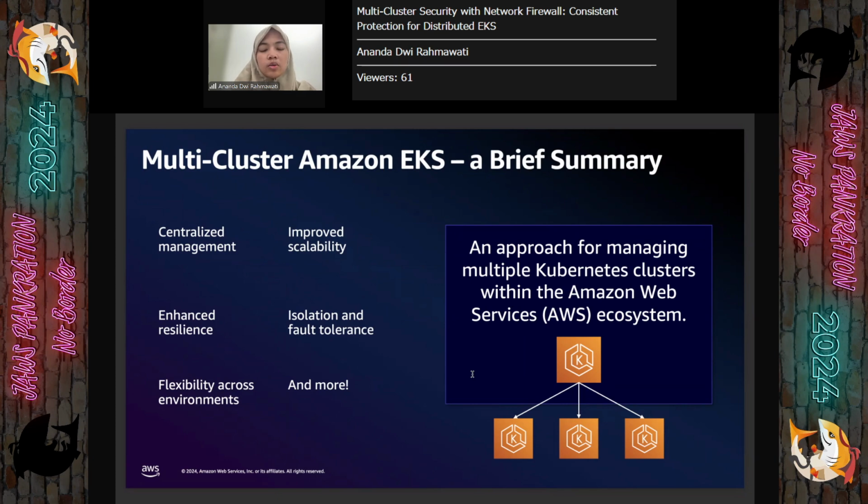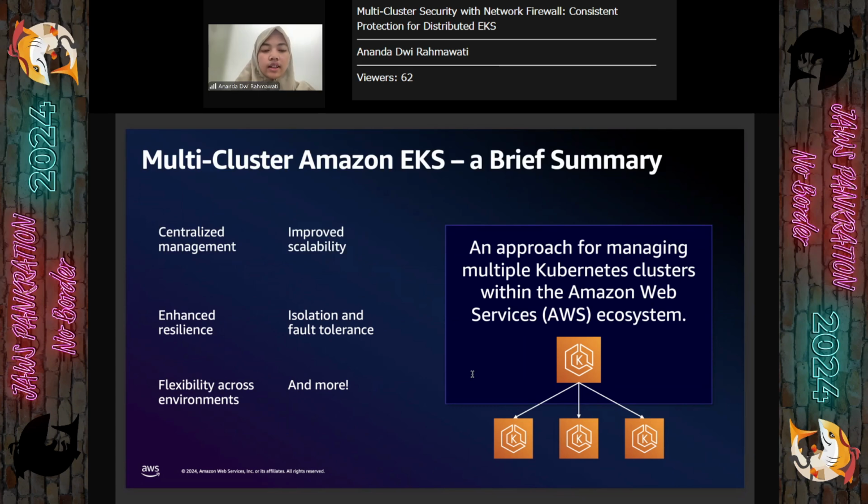For example, a single control plane with multiple data plane node groups. Then improved scalability. We may need to avoid disruption when one of the regions goes down, so we create a disaster recovery plan. That's why we build a multi-cluster Amazon EKS.